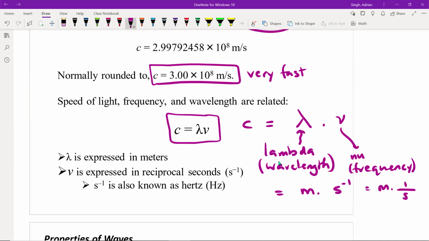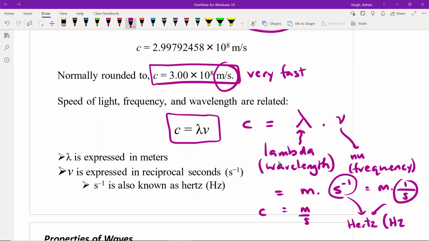So if I multiply meter times 1 divided by a second, guess what I end up with? Meters per second, right? And that's the unit of speed, which we saw up here, meters per second. The unit second to the -1 or 1 over second is also known as the hertz, again named after a person, abbreviated Hz for hertz, not the rental car company, but in this case, it's a unit of frequency.